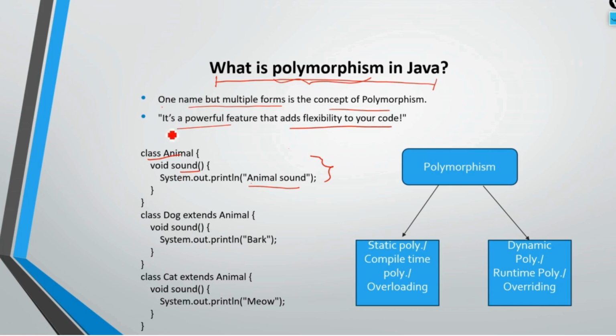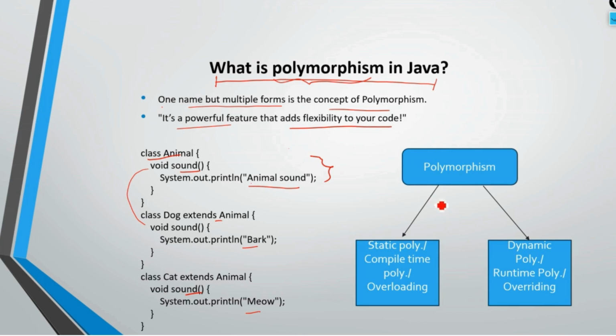In class Dog we have extended Animal, and we have also used the same sound method, where the dog is barking. Again for the cat we have given a different sound for the same method. So polymorphism means a single method can be used in different classes.